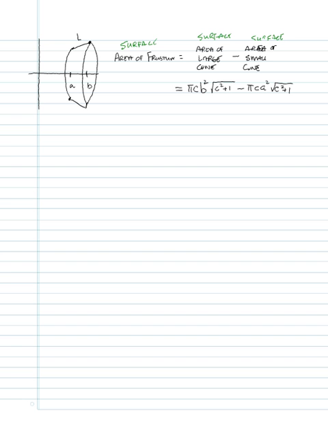And of course, likewise, the area of the small cone is pi times C times A squared, times the square root of C squared plus 1. Now, we notice that we can factor a few things out. So notice here that I'm going to factor a pi times C, that's in both terms, out. And I'm also going to factor a square root of C squared plus 1 out, but I'm factoring it out on the other side. And so what I have left in the middle is B squared minus A squared.